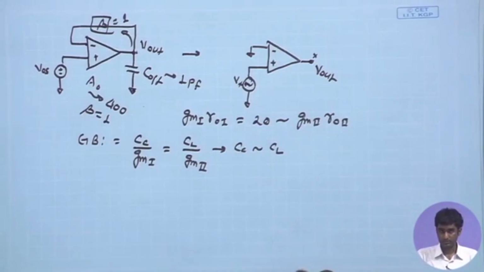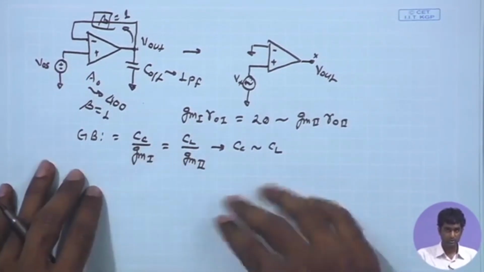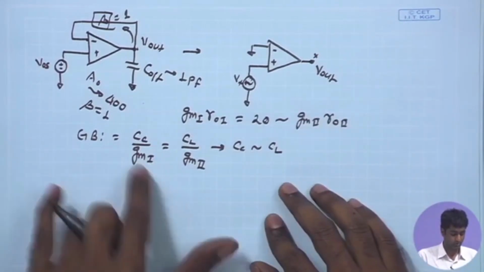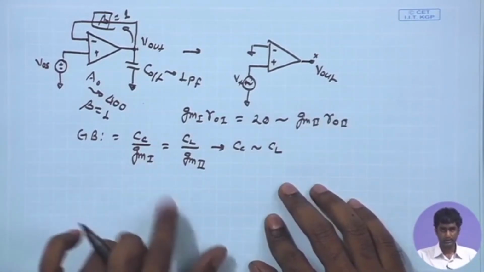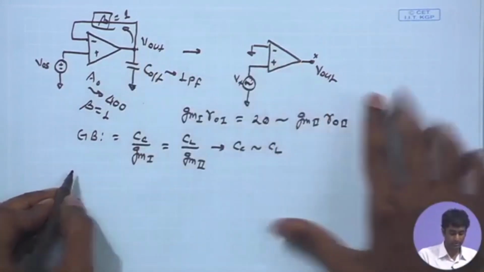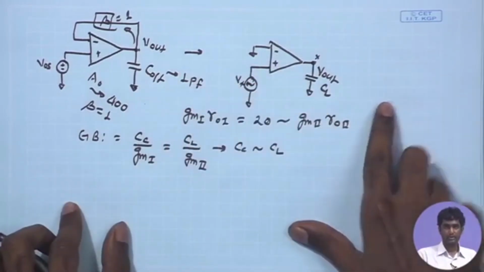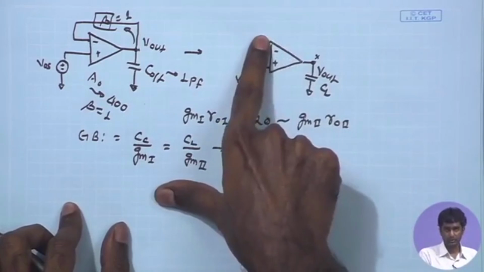We also need to see what is the overall bandwidth over here, which we are going to get. So, the overall bandwidth in this case for the open loop condition, which has the Cl and the Cc at the output of the first stage and second stage.